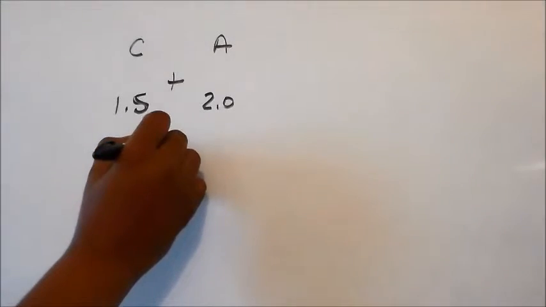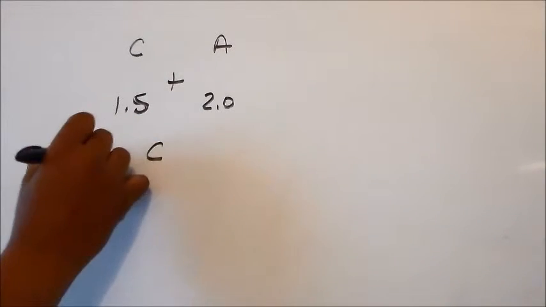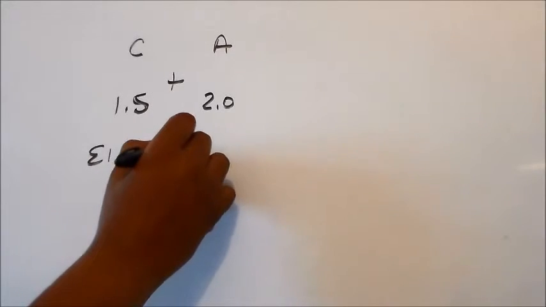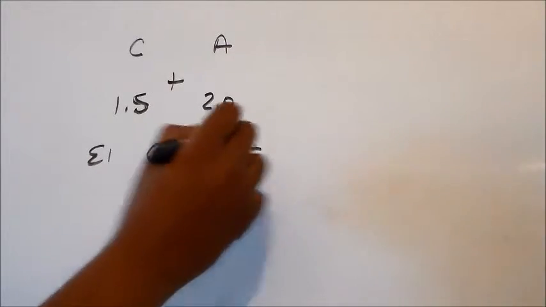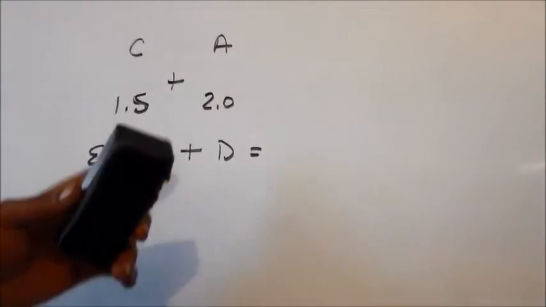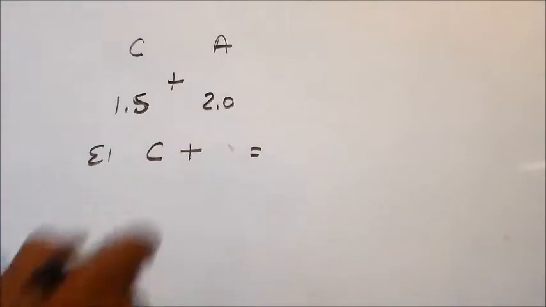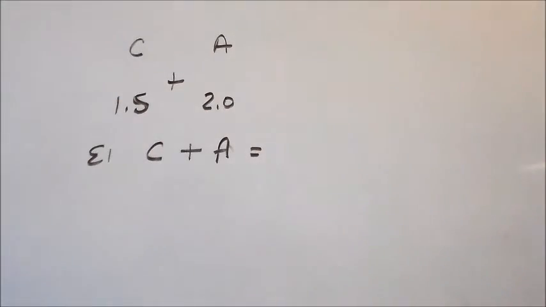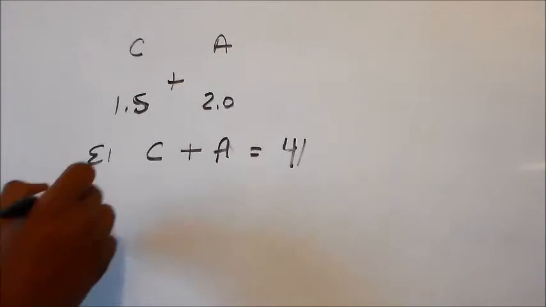Our first equation, E1, is C plus A equals 41: children's tickets plus adult tickets equals 41.